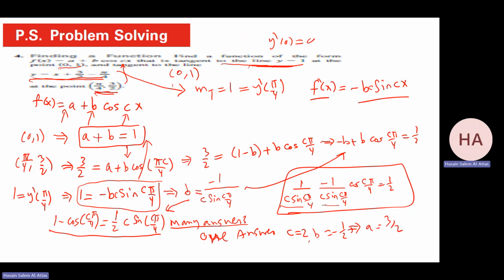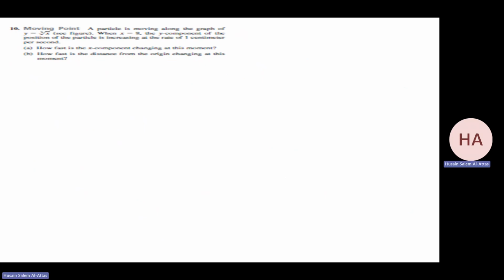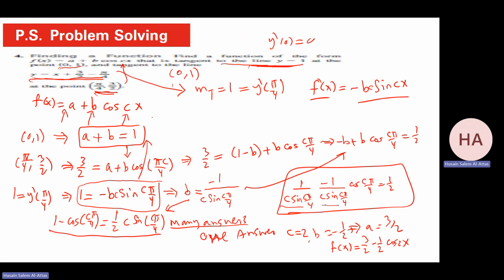So one function will be 3 over 2 minus half cosine 2x. Also, you can try other c's. Many answers you will get. Let me do the last question, which is actually 3.7. This one I do it just for you to find these relations.